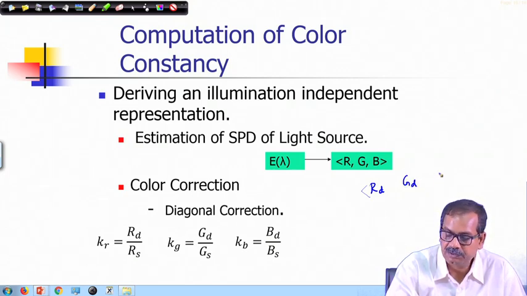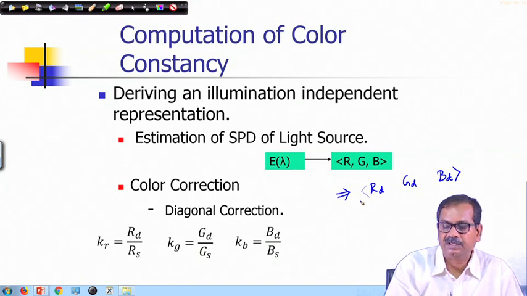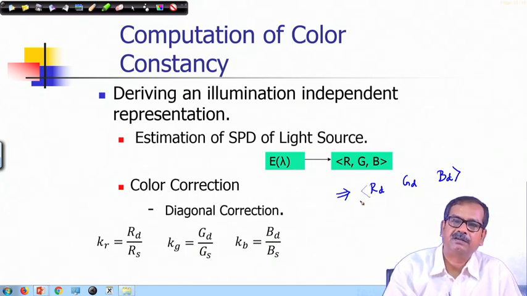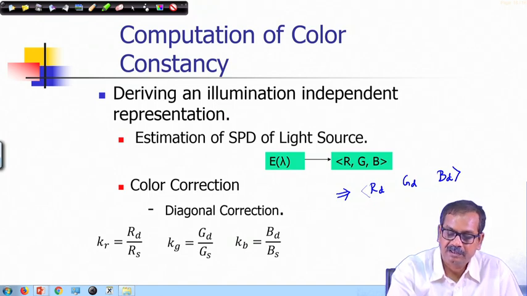You would like to transfer all the colors as if they are illuminated by this illuminator, which has the color representation RD, GD, BD, and the actual color of the illuminator in the scene, or color of the light, is given by RS, GS, BS.